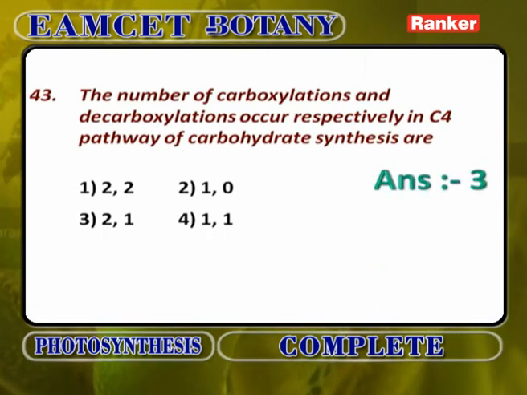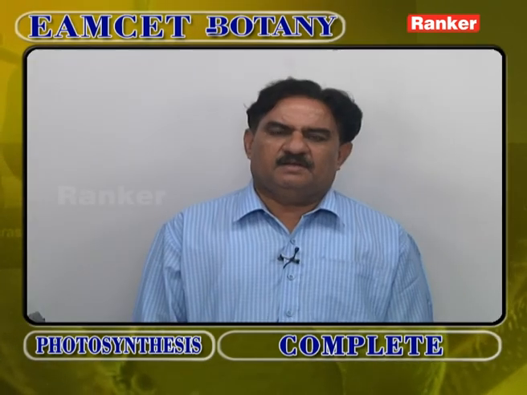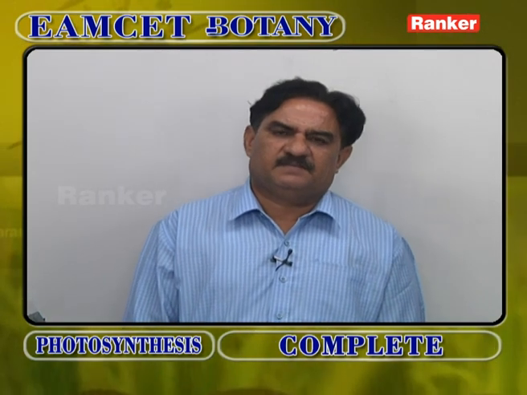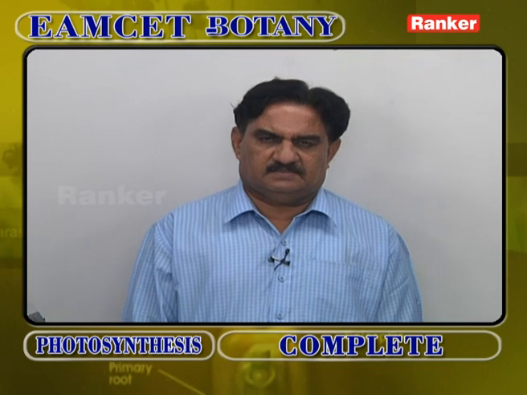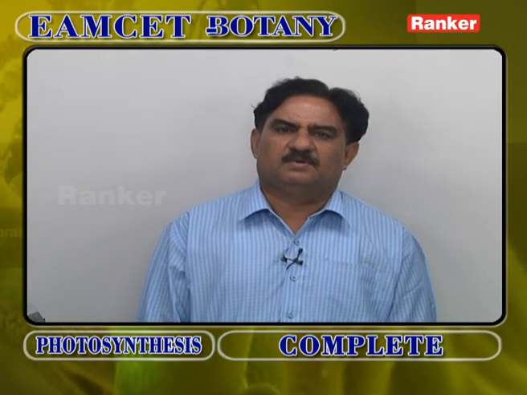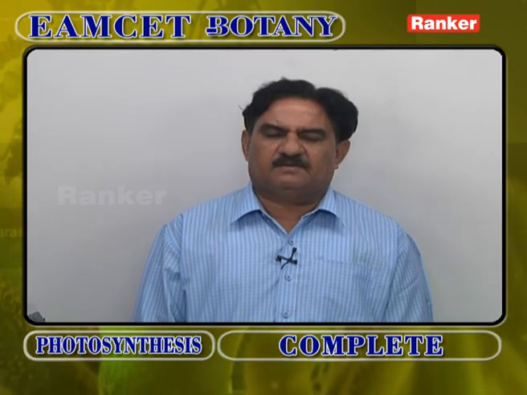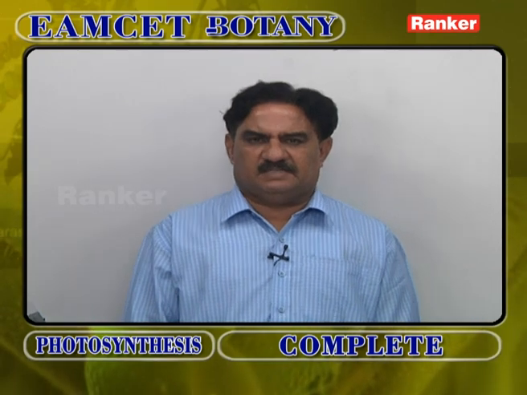The number of carboxylations and decarboxylations occurring respectively in the C4 pathway of carbohydrate synthesis. In the C4 pathway, carboxylations are 2: one in the mesophyll cells, the other in the chloroplast of bundle sheath cells. In mesophyll cells, phosphoenolpyruvic acid gets carboxylated to form oxaloacetic acid.